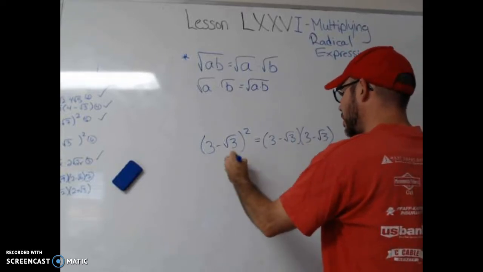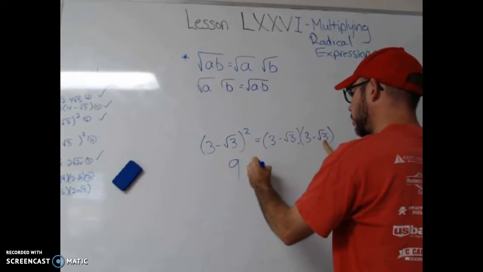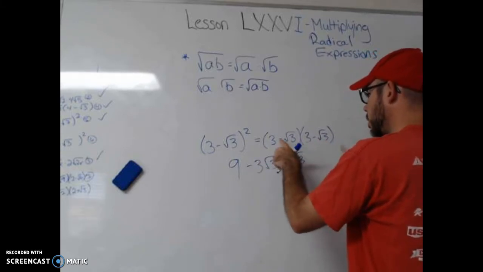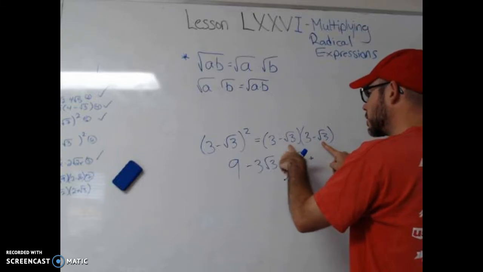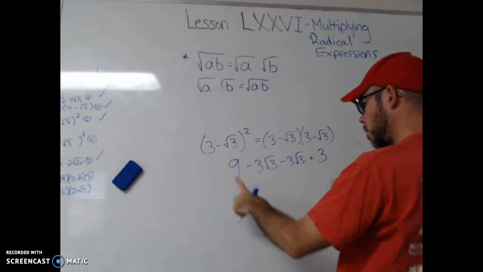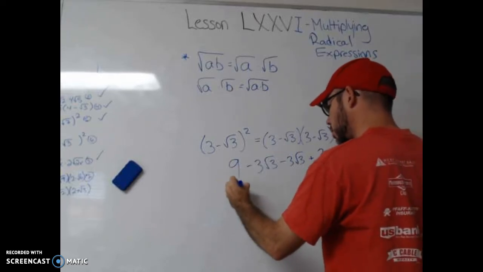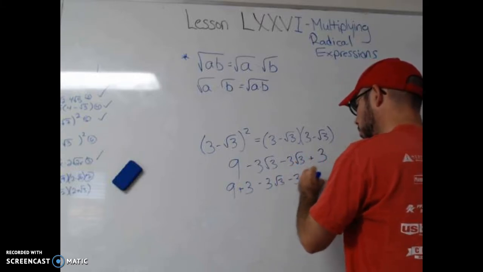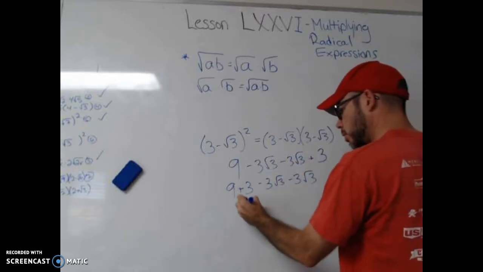3 times 3 is 9. 3 times that, negative 3, one of those. So you got another one of those. And then you got negative times a negative is a positive, and square root of 3 times square root of 3 is 3. So we've got grouping these things. We got a 9 and a 3, and we've got 2 of those, so that's 12.